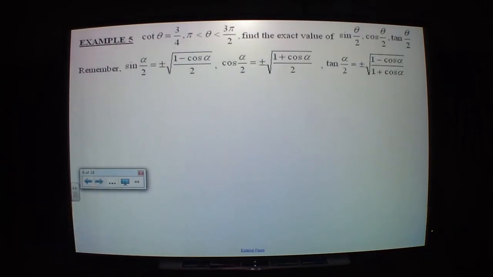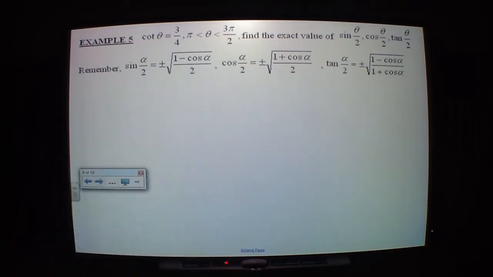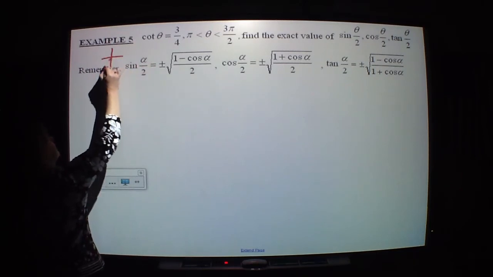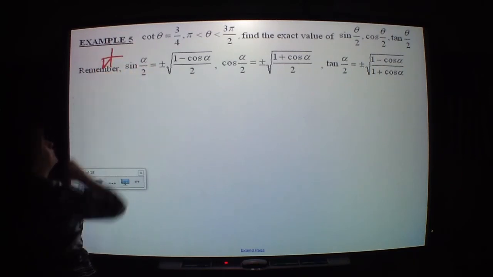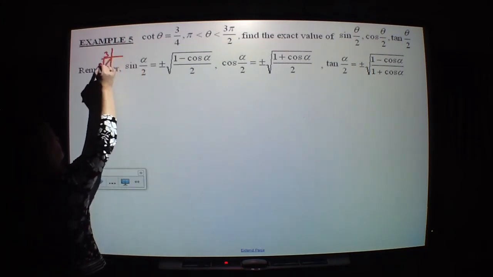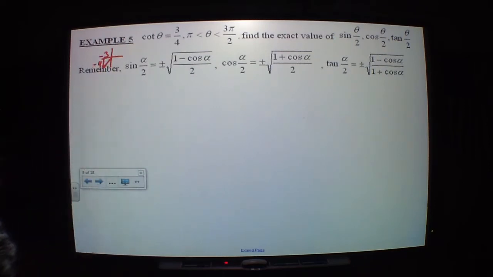Next one, cotangent is 3 over 4, and it's in the third quadrant. Find the exact values of sine of theta over 2, cosine of theta over 2, tangent of theta over 2. Okay, so my angle theta is somewhere in the third quadrant. And cotangent is adjacent over opposite.